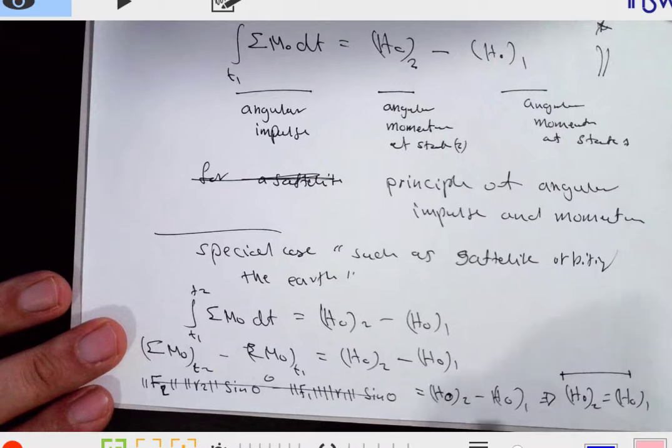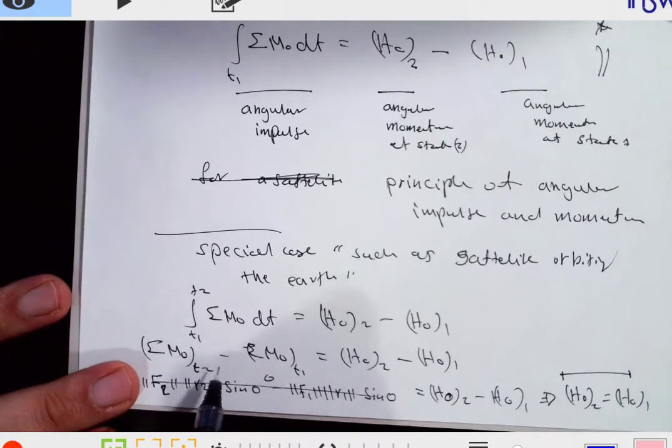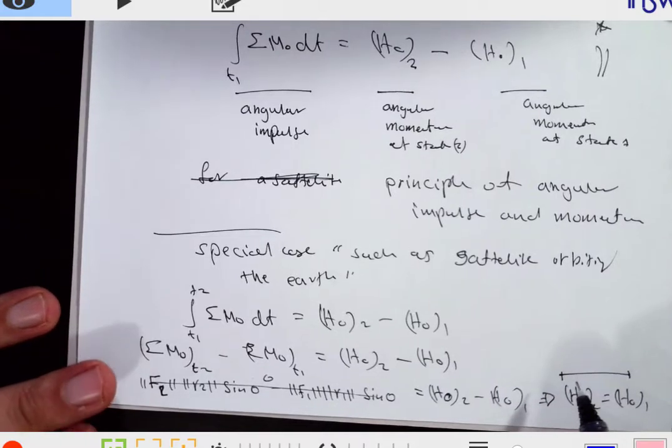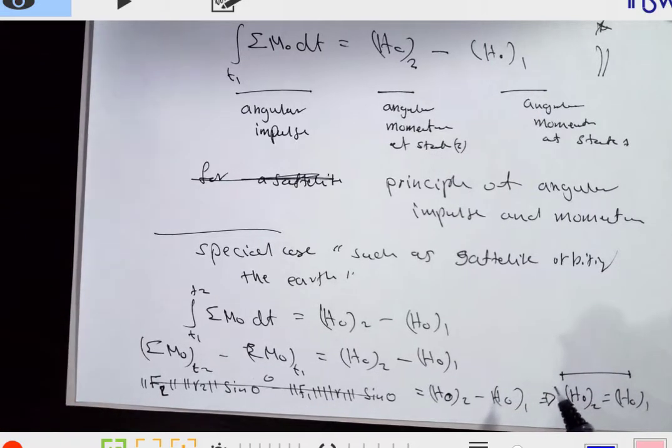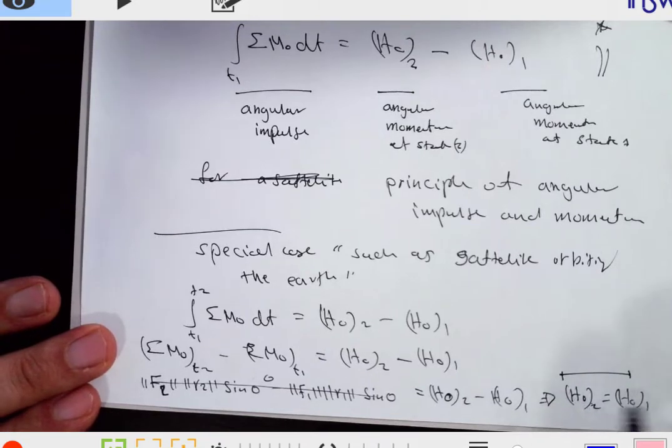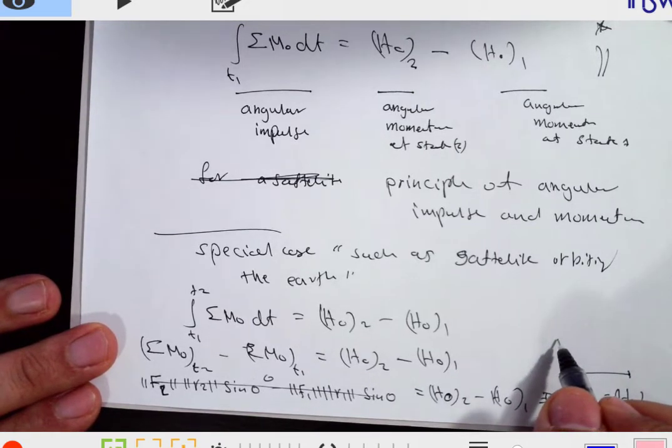This means there's no moment from forces acting on the object. So this is called the conservation of angular momentum. We can say that the system has a conserved angular momentum, because it's equal.